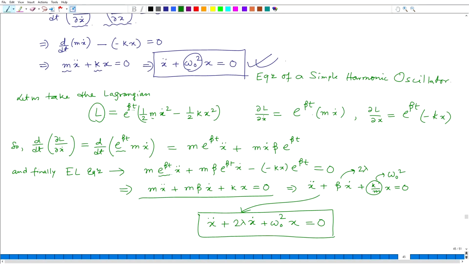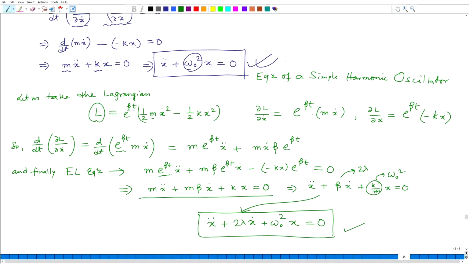Here the first thing is that your del L del t is no longer equal to 0, and that is the first indication you have that maybe this is not the system where T plus V is conserved. And this is quite understandable, because for a damped harmonic oscillator, the total mechanical energy is not conserved, because this is not a conservative system.